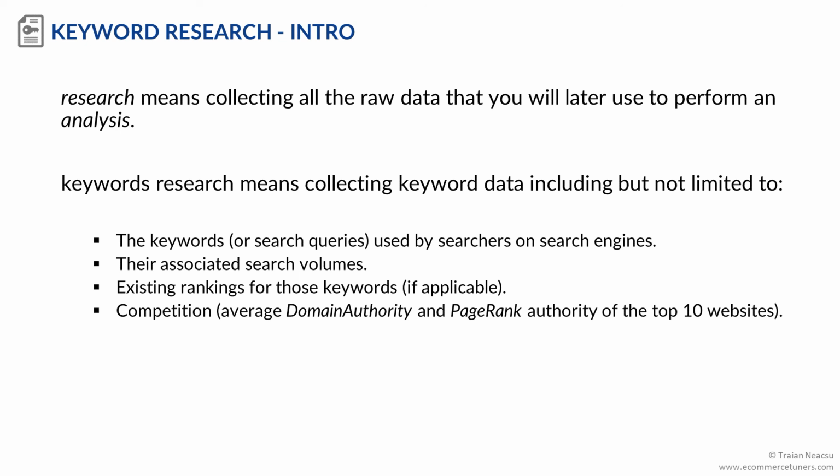The associated search volumes. The existing rankings, and keep in mind that rankings are difficult to measure accurately due to personalization and geolocation. You will also collect competitiveness data such as the average domain authority of the top 10 ranking domains. You will collect the keyword data directly from search engines or by using third parties.